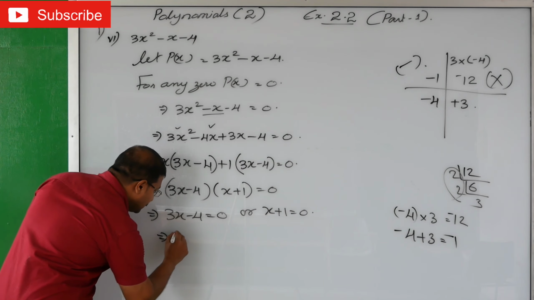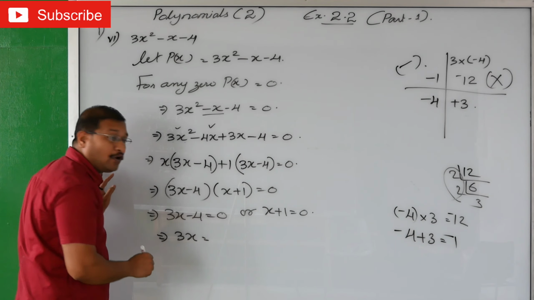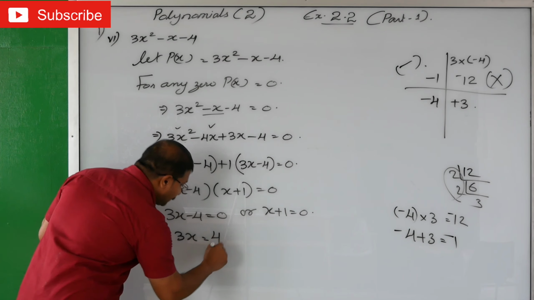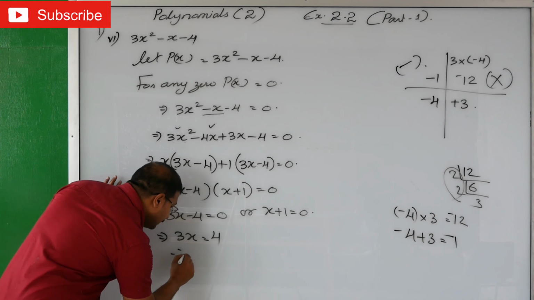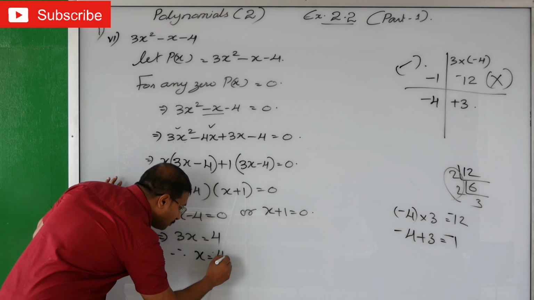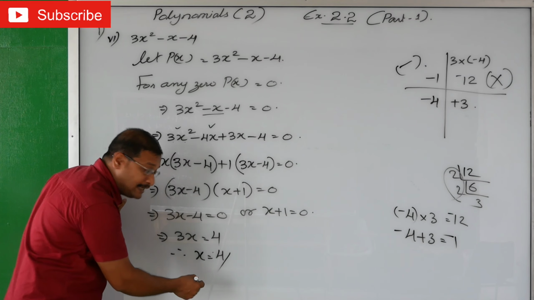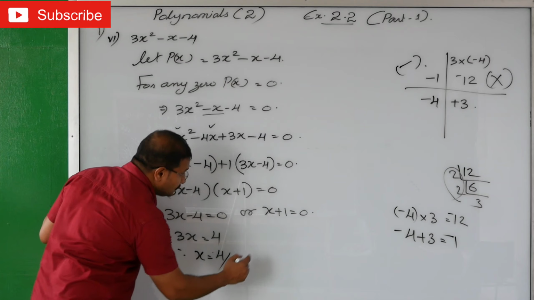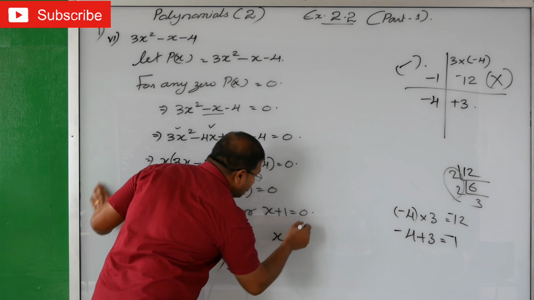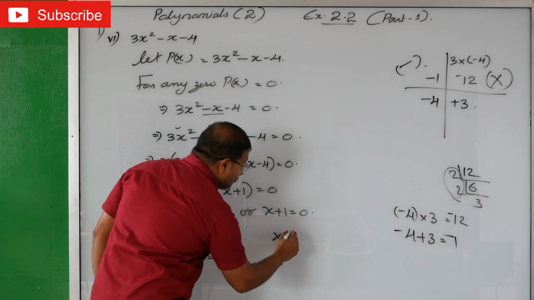This implies 3x equals minus 4, goes next side plus 4. Therefore, x equals 4 by 3, because multiplication goes next side, divide. And x equals, this plus 1 goes next side, minus 1.